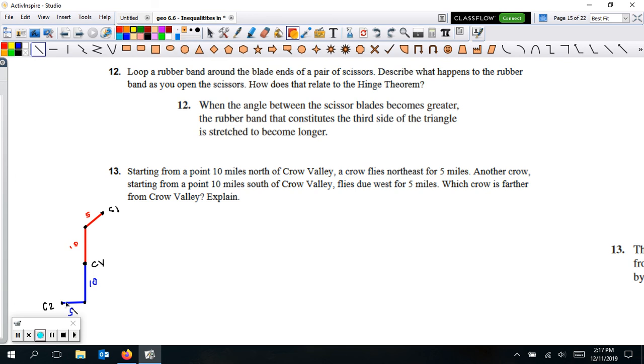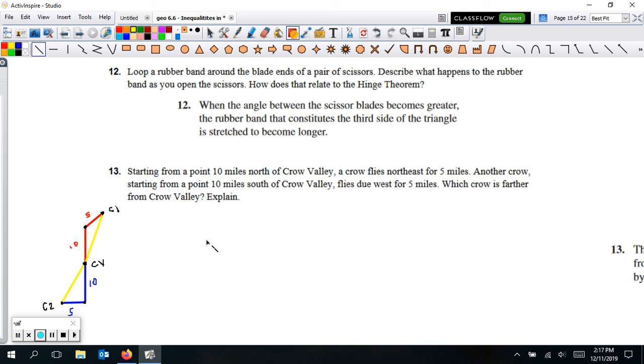Let's try yellow. I go from Crow 1 back to Crow Valley, and then Crow 2 back to Crow Valley. So of my yellow sides, which one is longer? Because of the Hinge theorem, we know that this angle is obtuse. 90 degrees would be that way, and we have another 45 to add on to that.